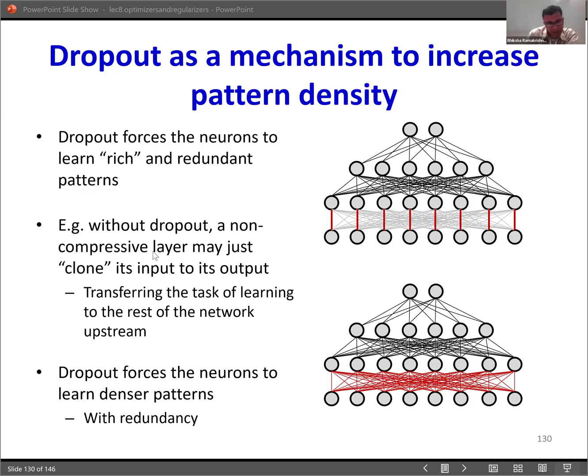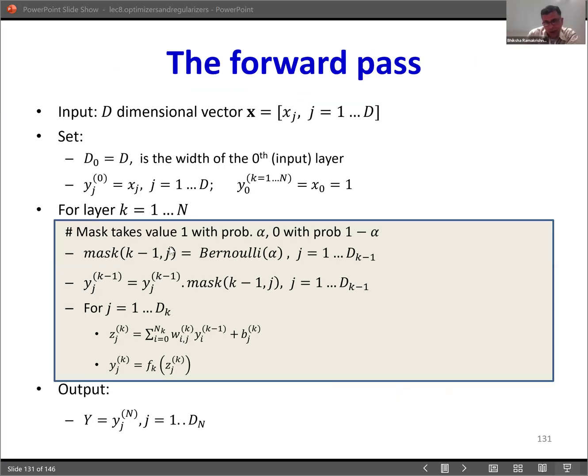Yes, no? Okay. So how do you actually implement dropout? During the forward pass, at each neuron, you compute a mask, which is a coin flip, by generating a random number using a Bernoulli random number generator with probability alpha. And then the actual output is multiplied by the mask, which decides whether that output is floored or it's actually used.